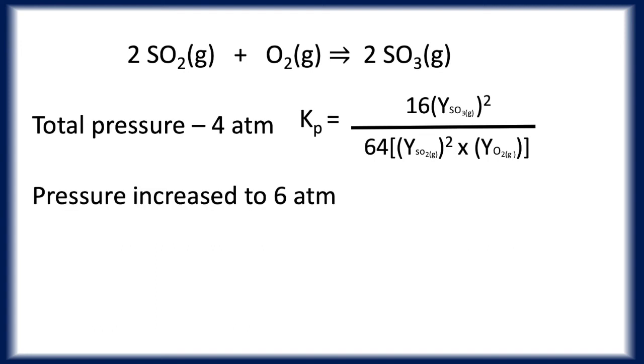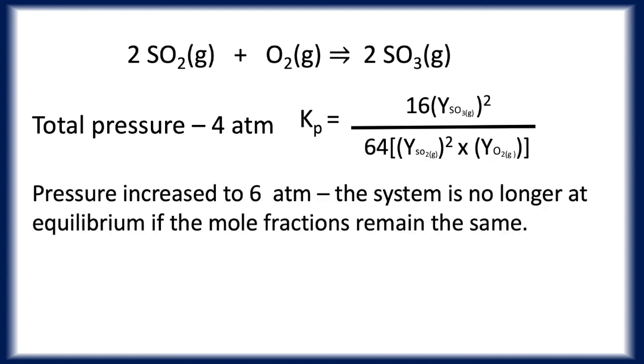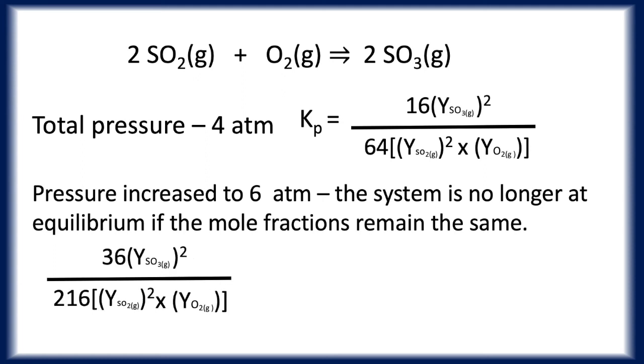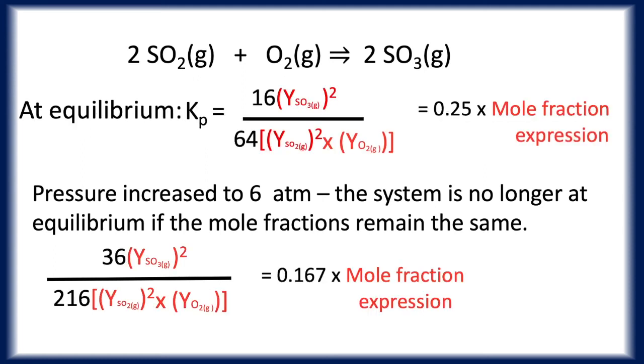Let's say we're going to now increase our pressure to 6 atmospheres. So we're going to change those values from 4 to 6. And if we do that, of course, the system is no longer at equilibrium if the mole fractions remain the same. Because if we do that, we will have those mole fractions now times by 6, which when we work it all the way through, it becomes 36 over 216.